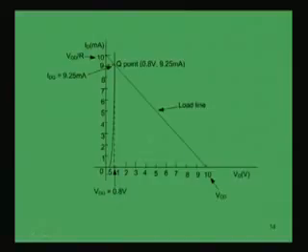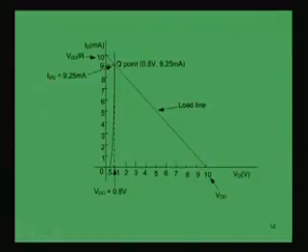Of course, this whole plot has to be drawn to scale, only then the exact point of intersection can be found out, otherwise there will be an error. Now, if I project it on the current axis, here it intersects at around 9.25 milliampere.